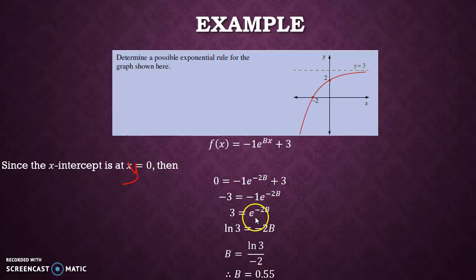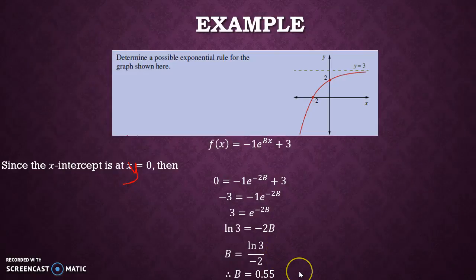When it's in this form, we take the natural log of both sides. So when we take the natural log of 3, and we take the natural log of e to the power of -2b, that simplifies down just to ln 3 equals -2b, and from there we can work out that b equals ln 3 divided by -2.